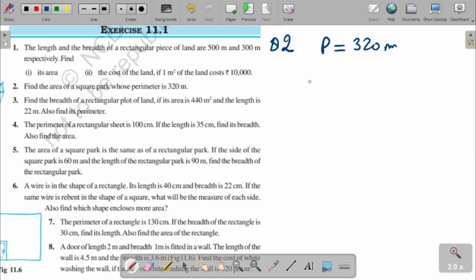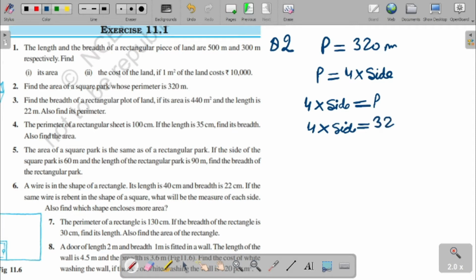As we know, the perimeter of the square is always 4 into side. So 4 into side equals perimeter, or 4 into side equals, in place of perimeter we write 320. Now after this step we divide both sides by 4.